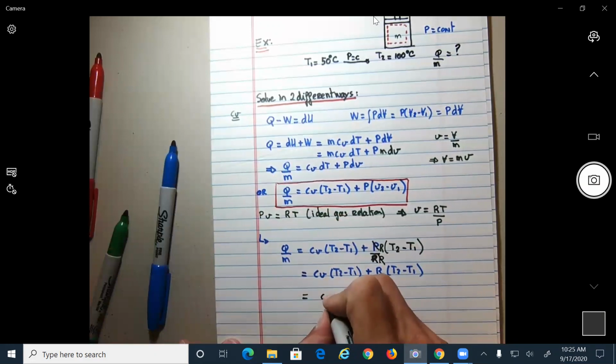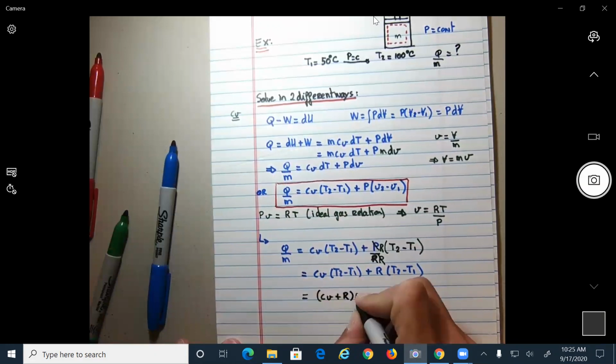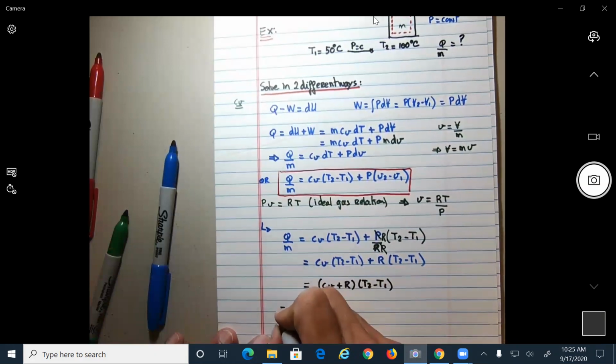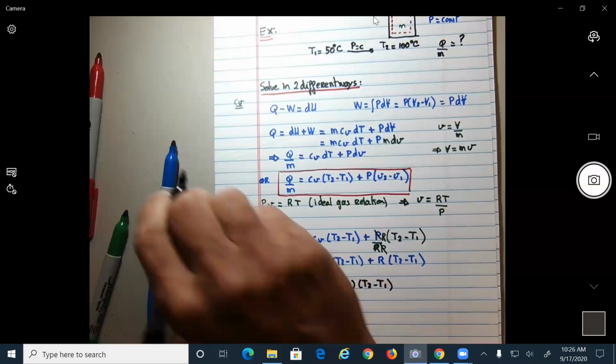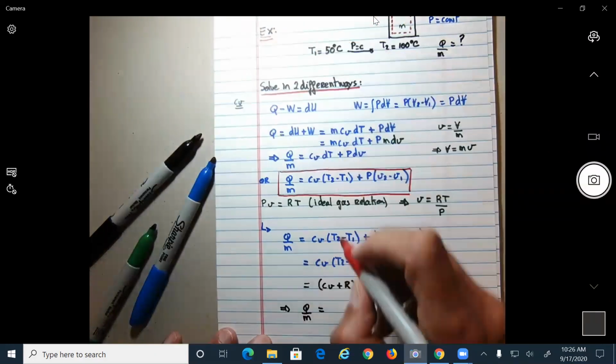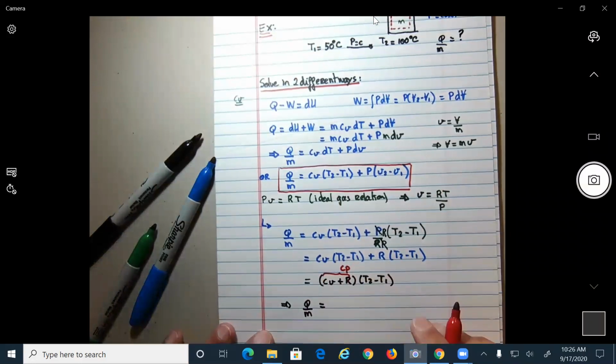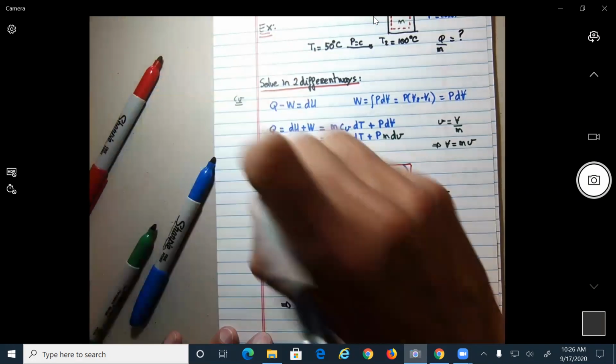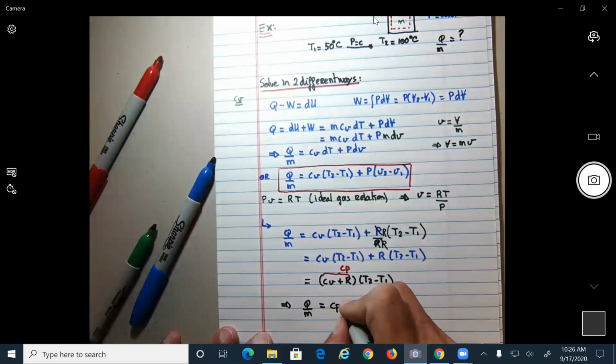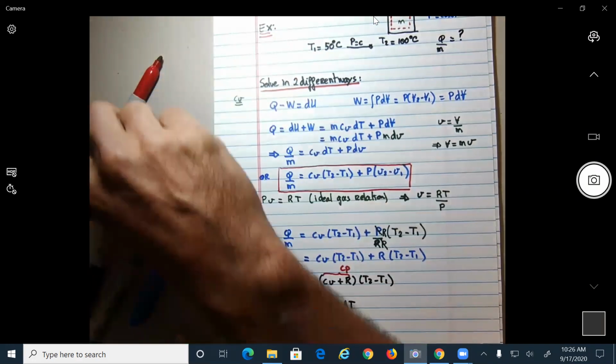CV plus R times T2 minus T1, which will be the same as writing Q over M. What is this really equal to? CP, no? And this will be CP delta T.